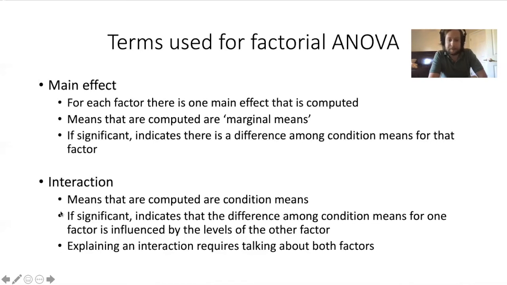This definition is true, but every time I say it, it's very complicated, and I don't think anyone understands interaction just from reading this definition. Really the only way to understand what an interaction is, is to see this definition and connect it to some concrete examples. The difference among condition means for one factor is influenced by the levels of the other factor. That's true, but let's see some examples now.